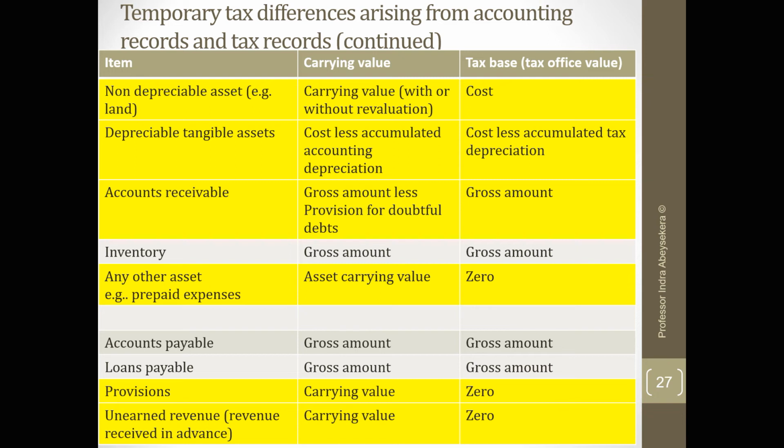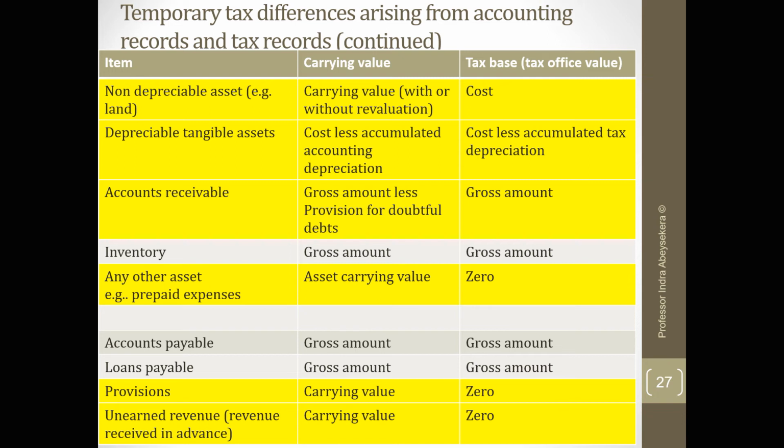When it comes to accounts payable and loans payable, we consider the gross amounts. When it comes to provisions, we show in accounting the carrying value. When it comes to unearned revenue or revenue received in advance, we show the carrying value. But for tax purposes, they have zero value because they are not cash amounts.